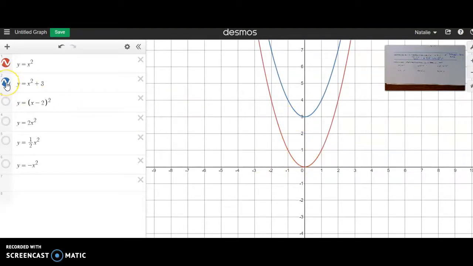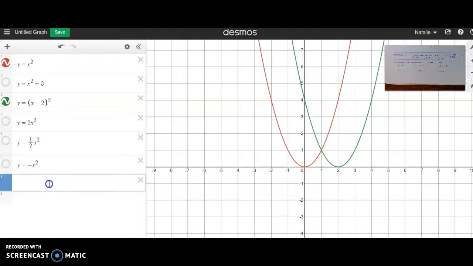Alright, let's undo that graph. Let's take a look at x minus 2 quantity squared. It looks like the same exact picture, only the graph has been shifted to the right 2 units. Okay, so with that being said, I will graph one more, combining these two ideas. What if I wanted to graph a parabola whose vertex was 2 units to the right and 3 units up?